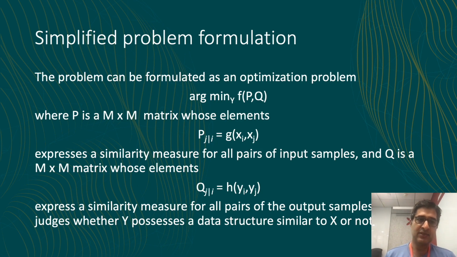This metric P gives you a probability of the point J being picked in the higher dimensional space when a point I was given to you, right? Similarly, the metric Q denotes the probability of point J being picked when the point I was given to you in the lower dimensional space.